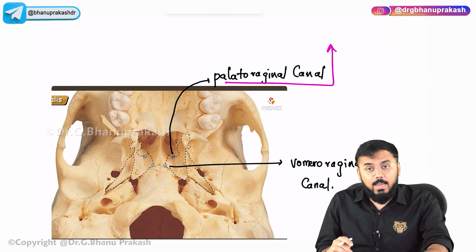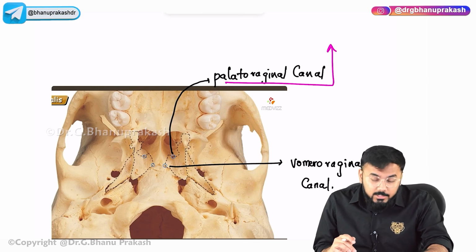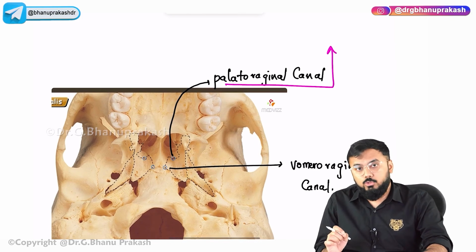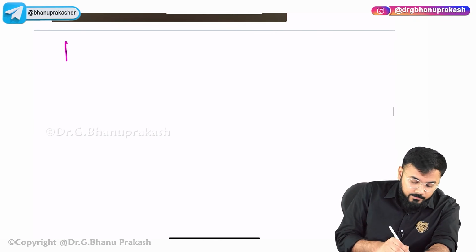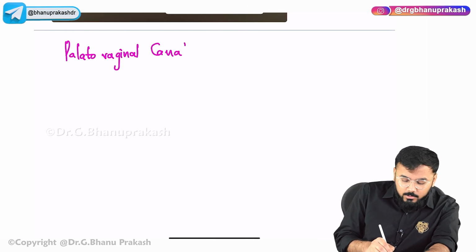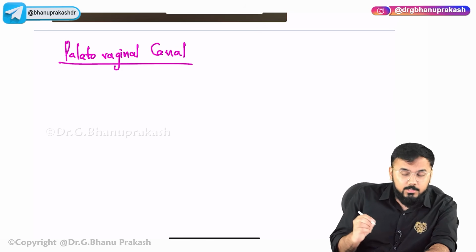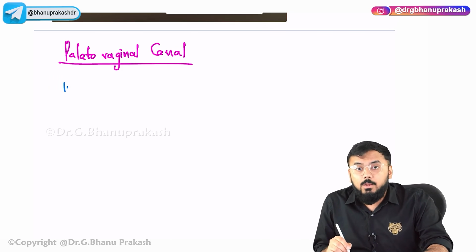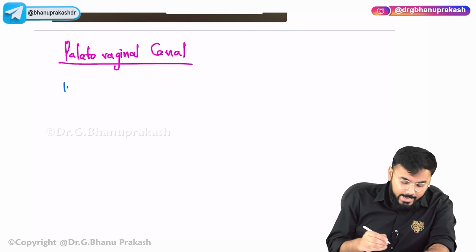What is this palatovaginal canal? Within this palatovaginal canal there are a few structures located. Let me write this. What structures are located within the palatovaginal canal? The first important thing is the pharyngeal branches of the pterygopalatine ganglion.